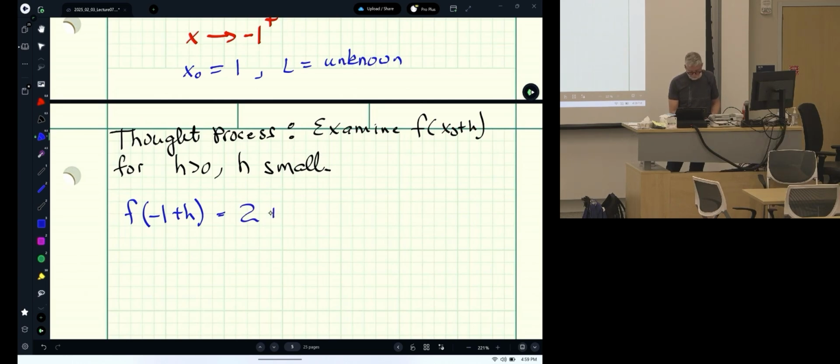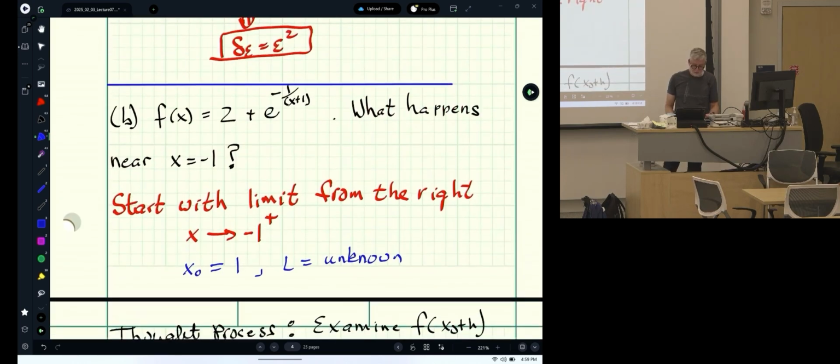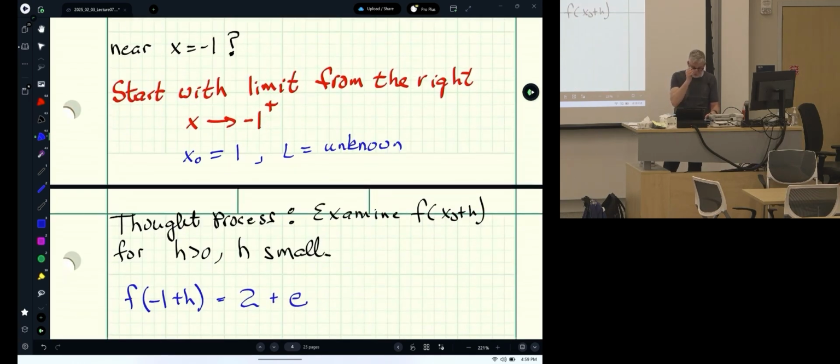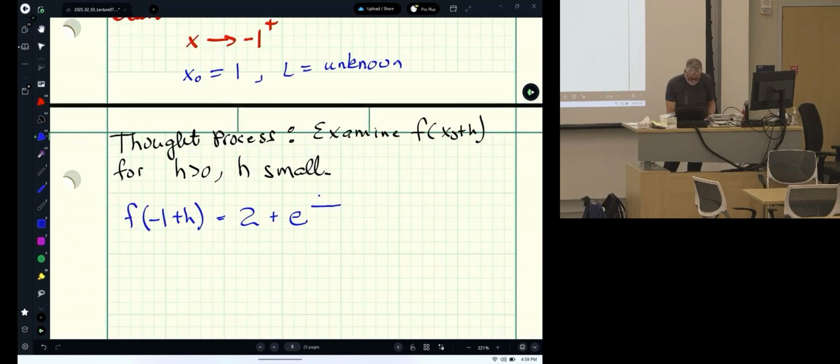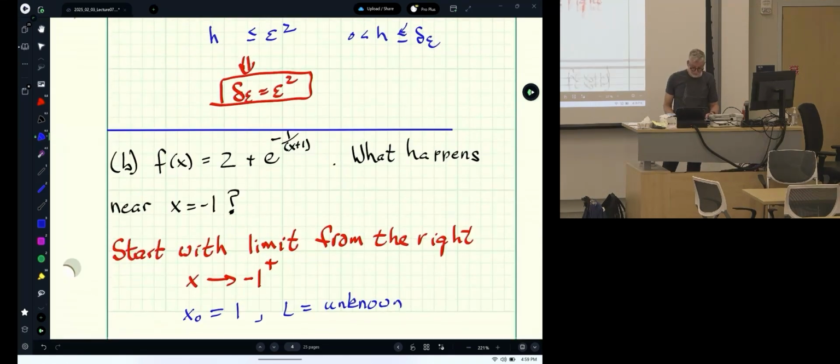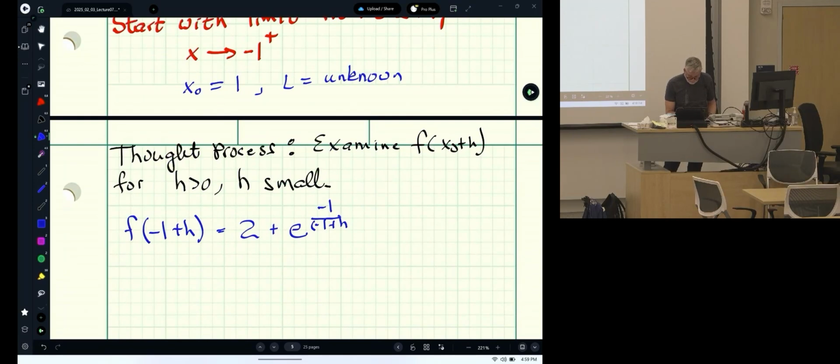That's 2 plus e to the minus 1 over, and then for x, we're plugging in minus 1 plus h, and then we're adding plus 1 to it.